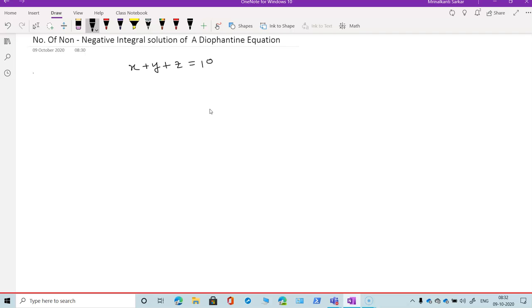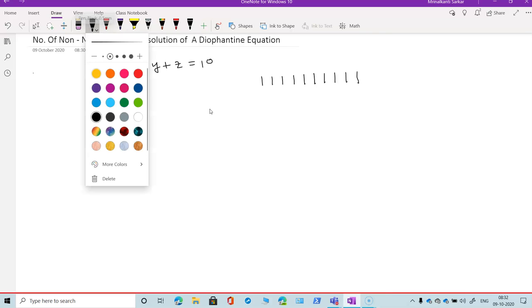So what you are going to do there, you are writing 10 ones in a row. Ten ones in a row. And then you are taking two separators here, but those separators can be placed anywhere.